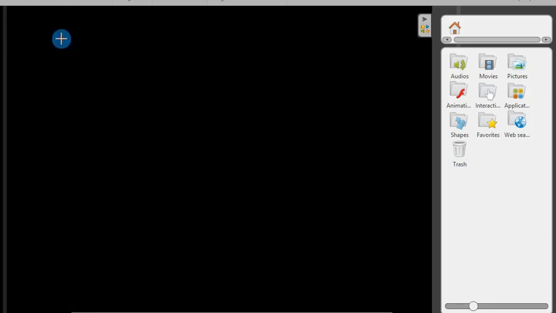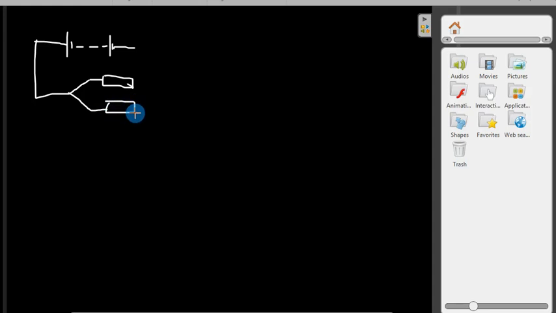Maybe let me draw the circuit so that we keep referring to it. So this is our battery here, the 24 volts battery. Okay, and this battery is connected to one resistor that is 4 ohms, and then to another one here, the one below is the 6 ohm resistor.